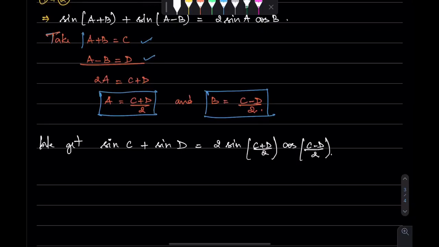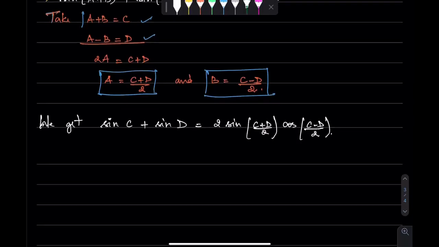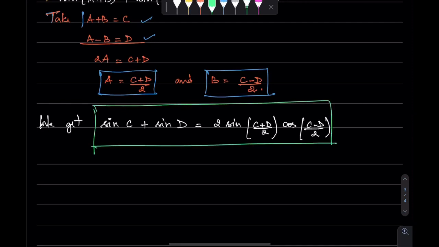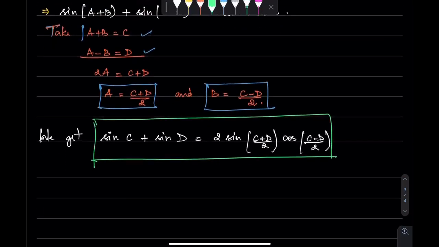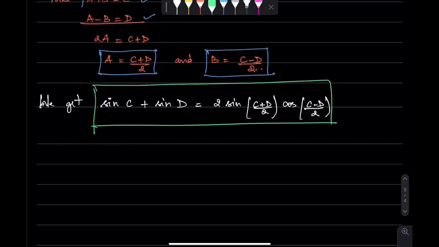You okay children? So I think this is something we all should know. You can treat this as sum to product and product to sum. So given the sum, you can write the product, and given the product, you can write the sum.